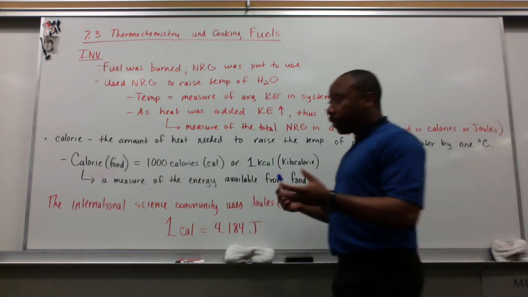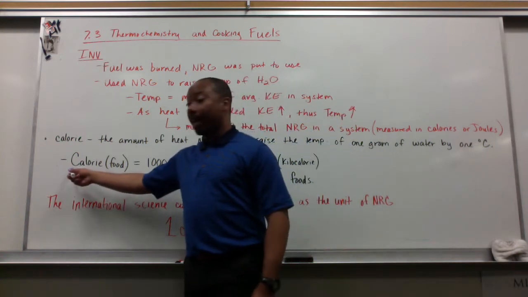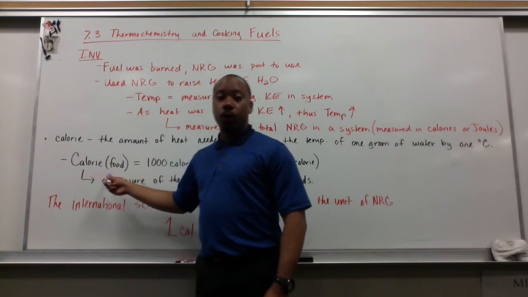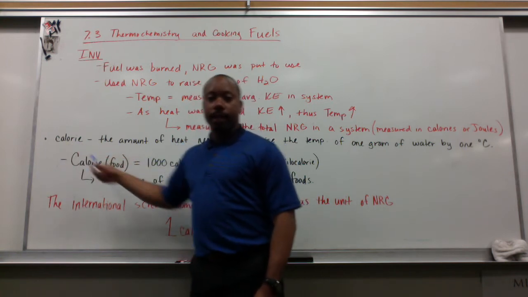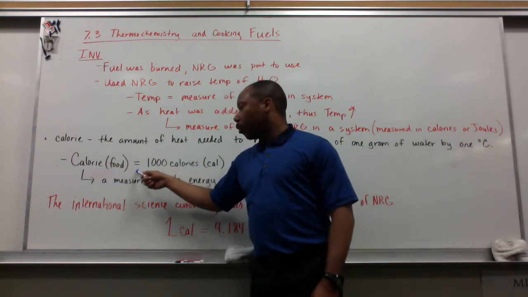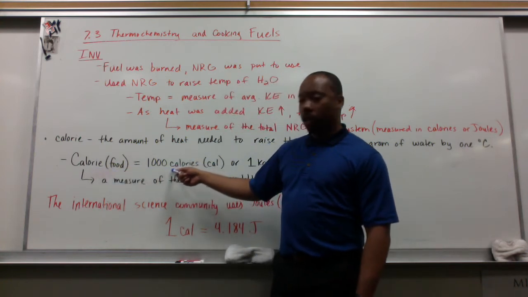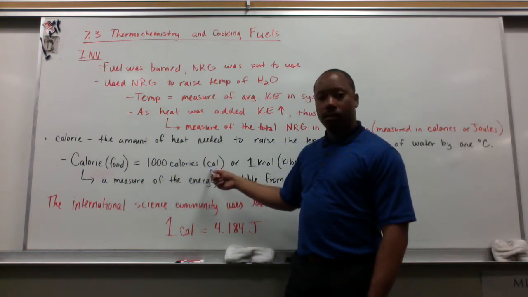Now a different calorie, the one that we're most familiar with, is the one with the uppercase c. Now, these are food calories. They're related to this calorie, the lowercase one, in this way. 1 food calorie equals 1,000 lowercase calories, which we abbreviate as cal.